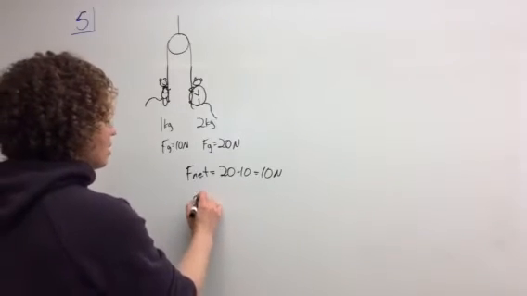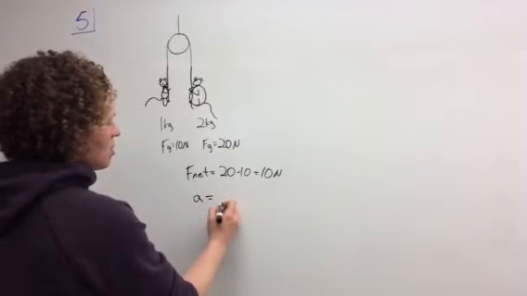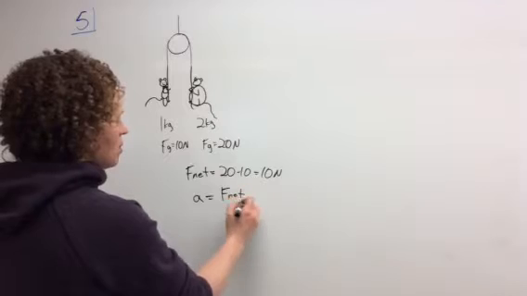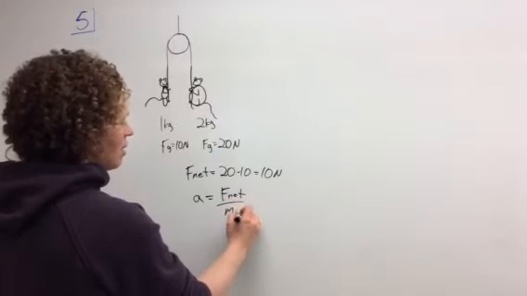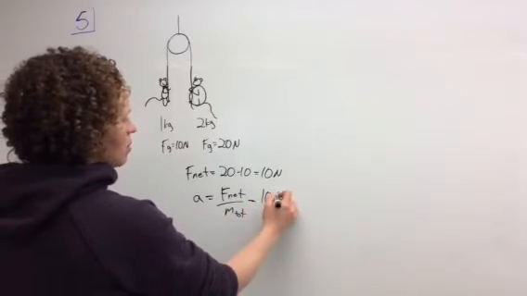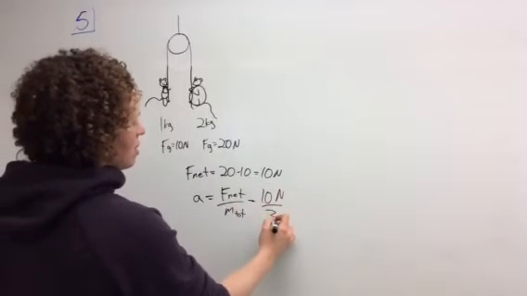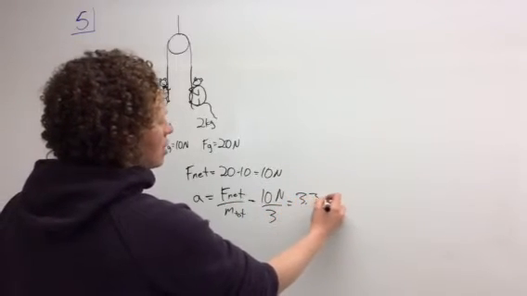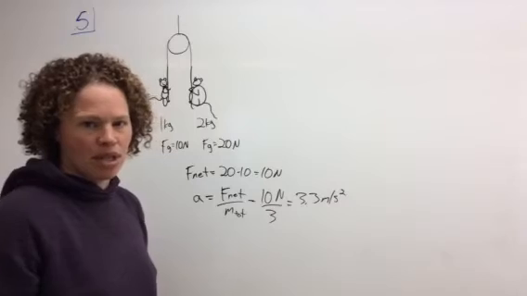So I want the acceleration of the system. It's going to be equal to my net force over my total mass. My net force being 10 newtons, total mass is 3. That's going to give me an acceleration of 3.3 meters per second squared.